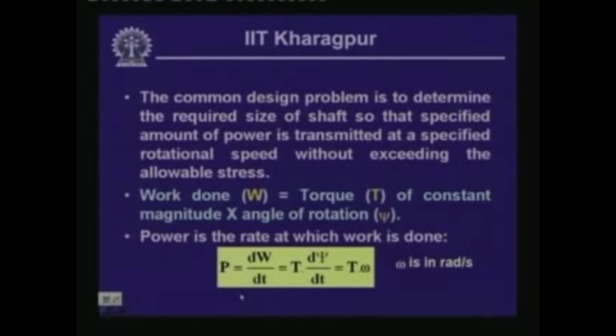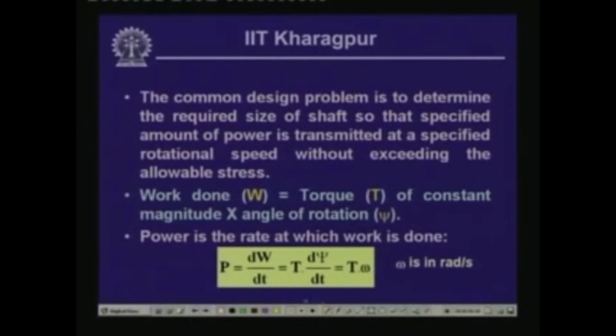Now, in such shafts, the main problem that needs to be determined is the size of the shaft, so that it can transmit the power at a specified rotational speed without exceeding the allowable stress.